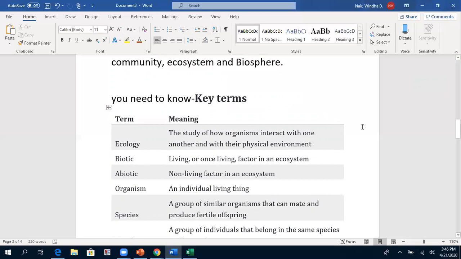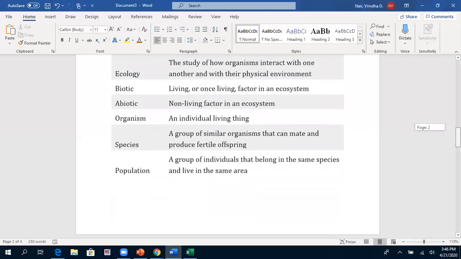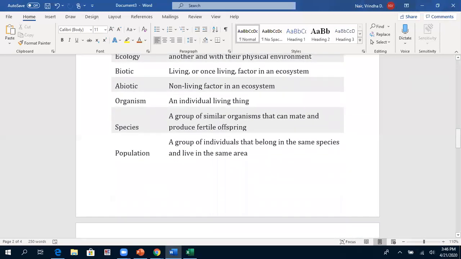Now, species. A group of similar organisms that can mate and produce fertile offspring is called a species. Population is a group of individuals that belong to the same species and live in the same area.